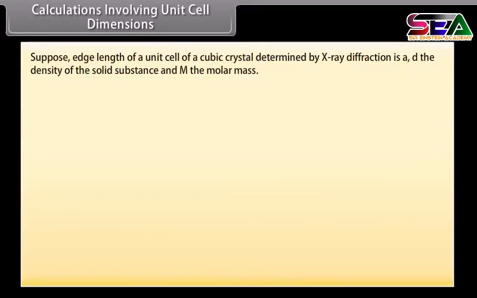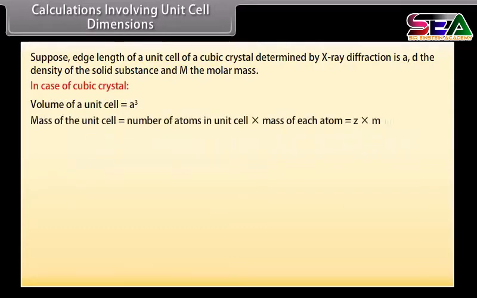Calculations involving unit cell dimensions. Suppose the edge length of a unit cell of a cubic crystal determined by X-ray diffraction is a, d the density of the solid substance, and M the molar mass. In case of a cubic crystal, the volume of a unit cell is equal to a cube.